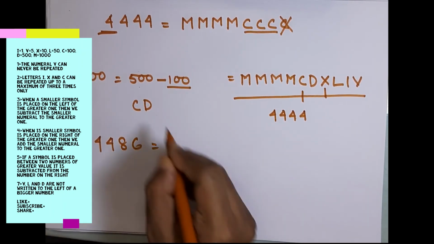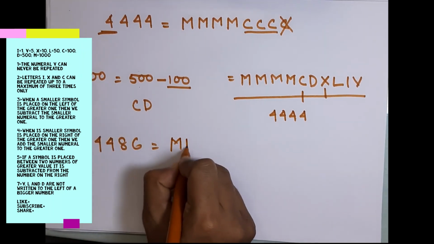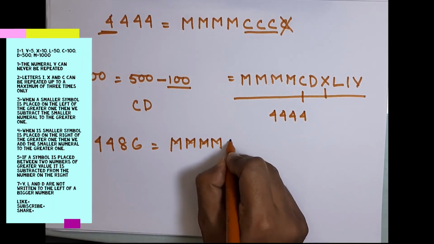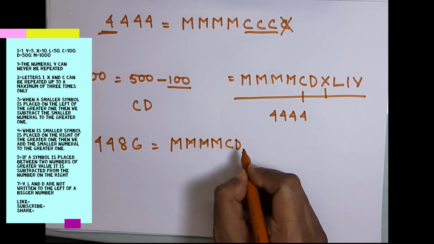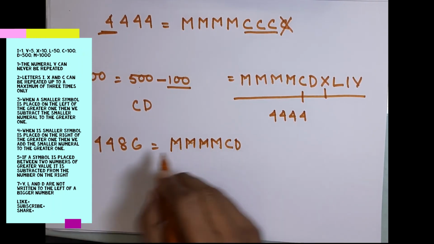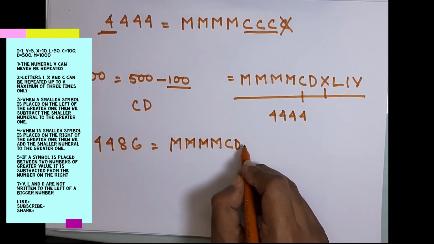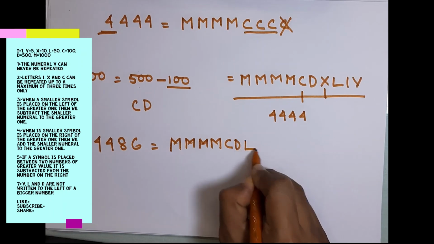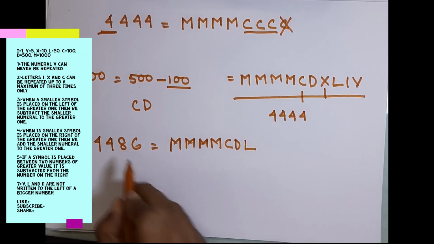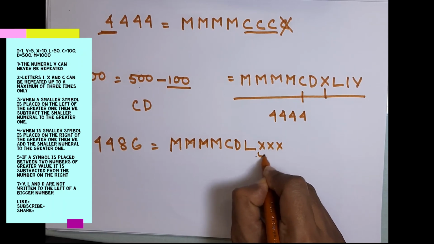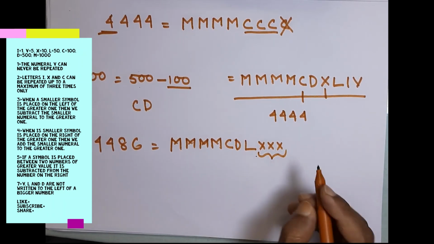4486. So 4000 is as good as M, M, M, M, and 400 is C, D, 500 minus 100, and then 86. So 80 is 50 plus 30. So 50 will be your L, and then 30. So 30 we can always present because it is within the limit of our restriction of repetition of beyond 3.